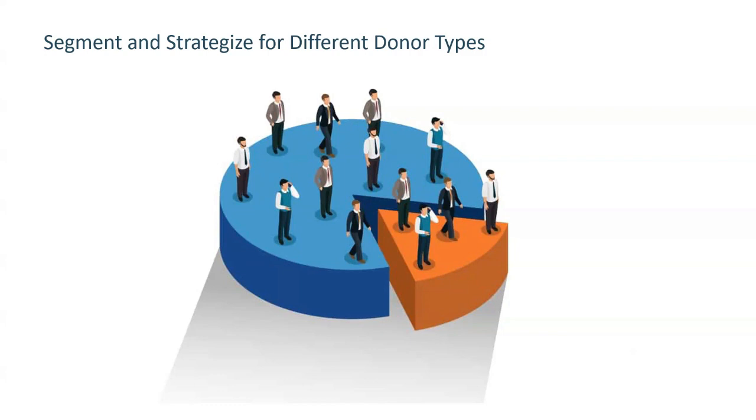One of the most common ways you'll see a nonprofit segment donors is by gift amount, for example. You could have a segment for small donors, mid-level donors, major donors. It's obviously up to you what those amounts are, but for major donors, that definition is certainly going to vary from organization to organization. I always like to think of it as a major gift is a level at which the gift will have some specific and extraordinary impact.